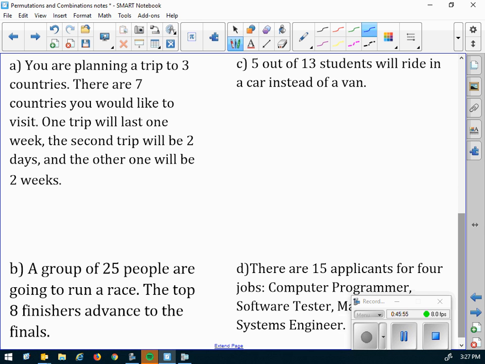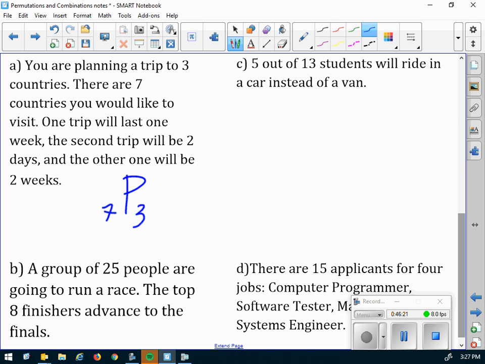Is a trip to France for 2 weeks the same as a trip to France for 1 week? No, those are 2 different trips. So is this a combination or a permutation? That is a permutation of how many? 7 countries, and you're picking 3.